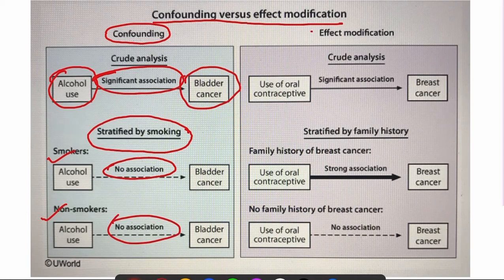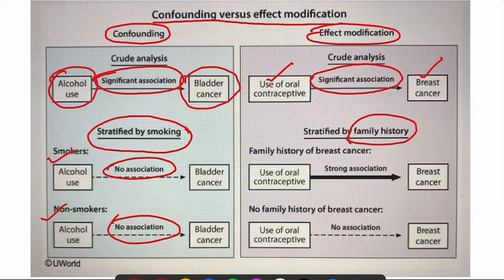Whereas effect modification is not truly a bias. It is naturally present in the study. We have to identify those effect modifiers and differentiate them from confounding. So in crude analysis, similar to confounding, we will get a significant association. In this example, the exposure is use of oral contraceptive and the outcome is breast cancer. We look at the role of family history as the effect modifier when doing a stratified analysis.